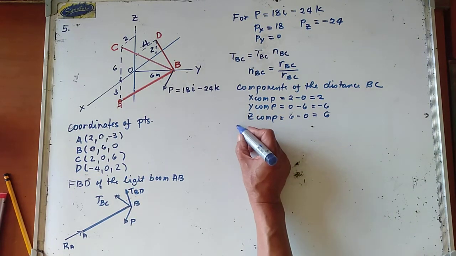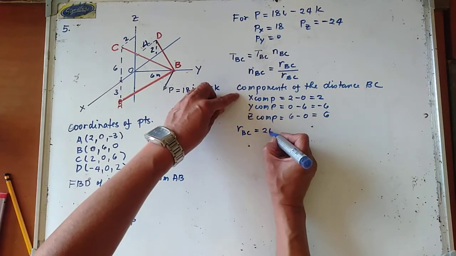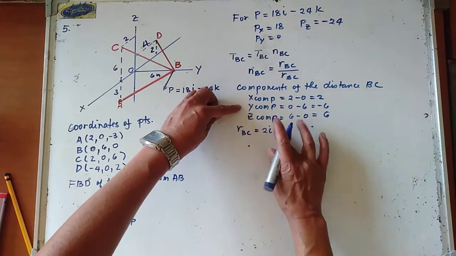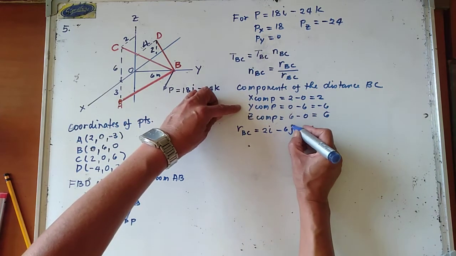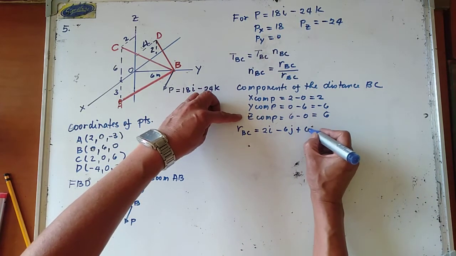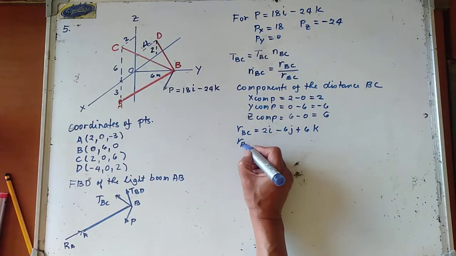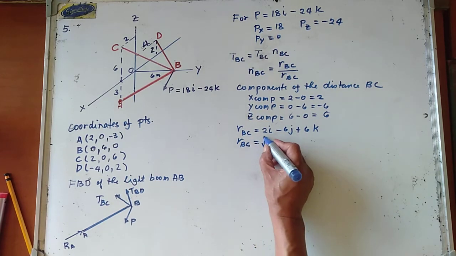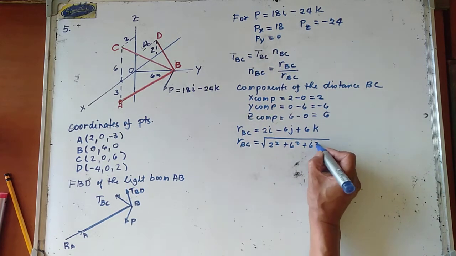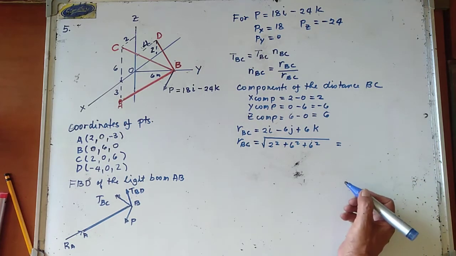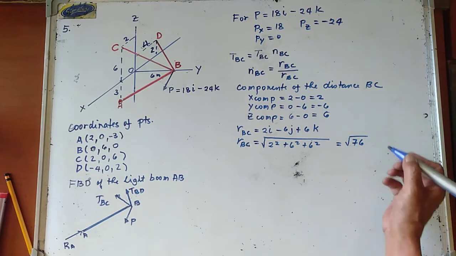Hence, the position vector RBC is equal to 2i minus 6j plus 6k. And the magnitude is equal to the square root of 2 squared plus 6 squared plus 6 squared, and this is therefore equal to the square root of 76.